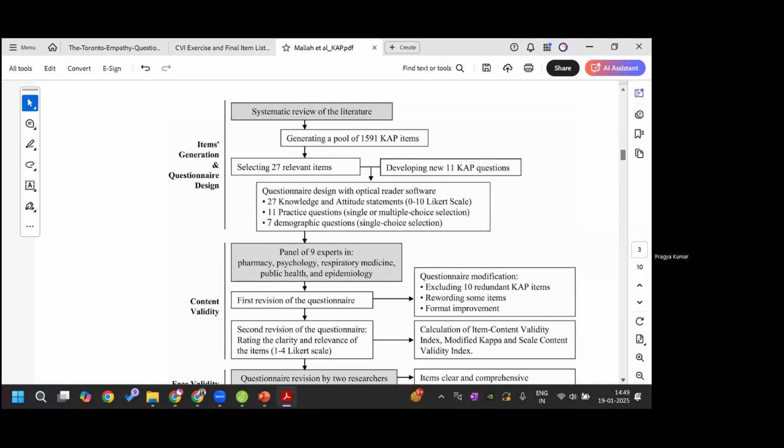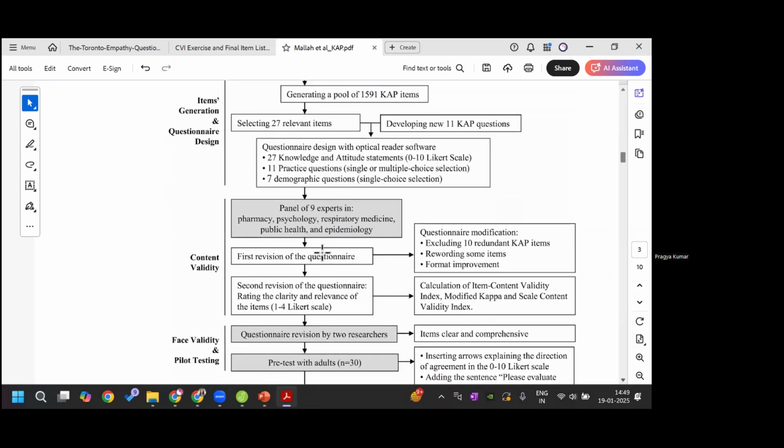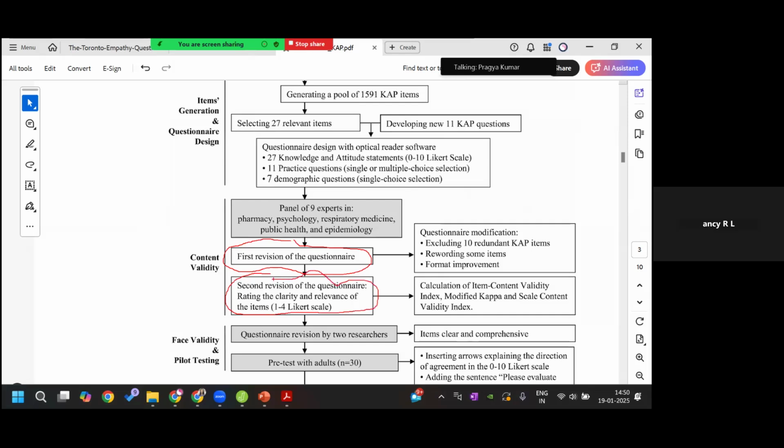And then again, this content validity, you can see here they have done the content validity using these 9 experts. And you have seen in the methodology also, they said that they administered it twice, first revision and the second revision. I think one participant asked also, should they do it twice? So it is up to you, but they have done it twice.